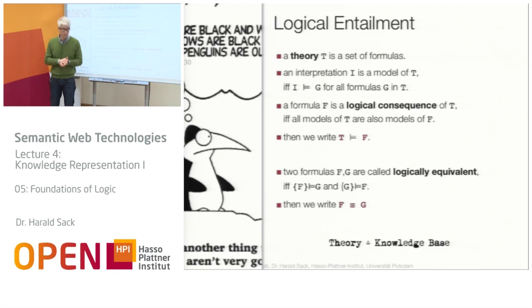So what we have learned now is we have taken a deeper look into propositional logic and first-order logic. And we don't do this in much more detail because this already should have been part of your lectures as a computer scientist. This is basic stuff.